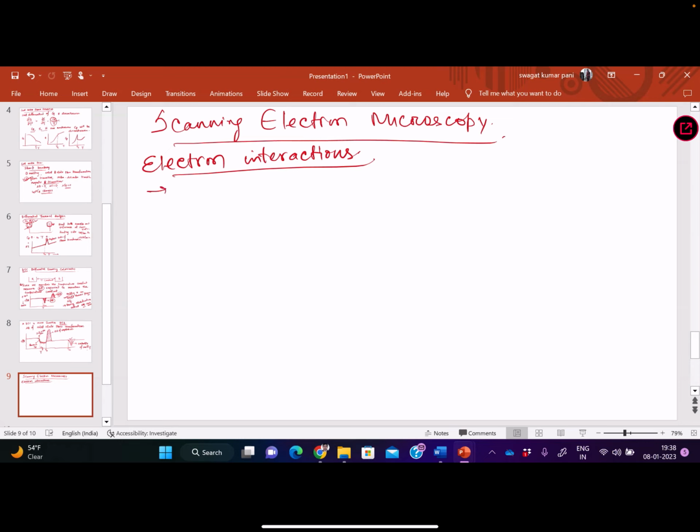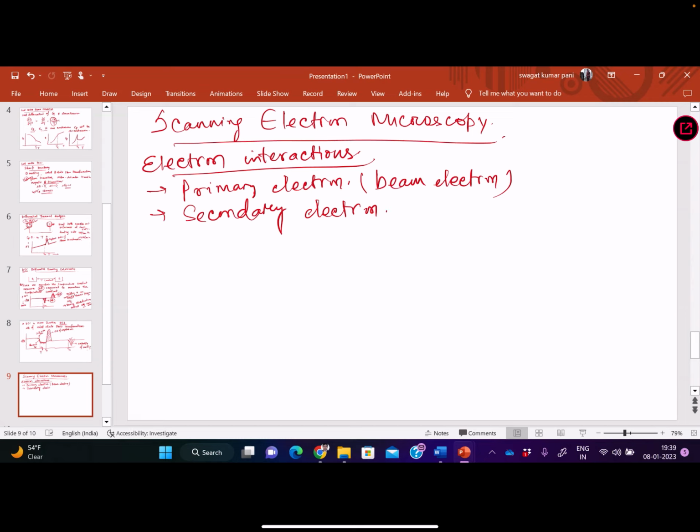So we have three types of electrons. One is primary electron, that is the beam electron. One is secondary electron, and one is backscattered electron.